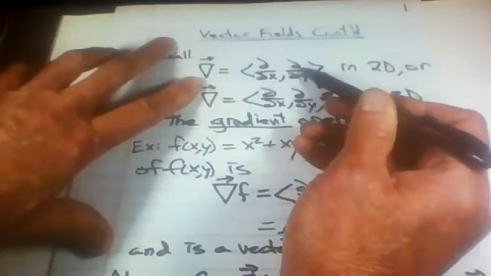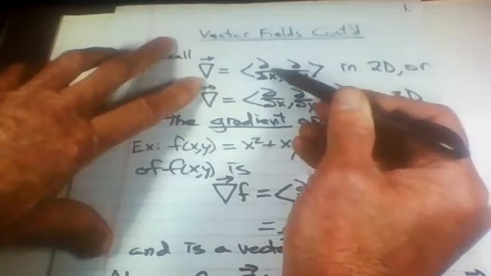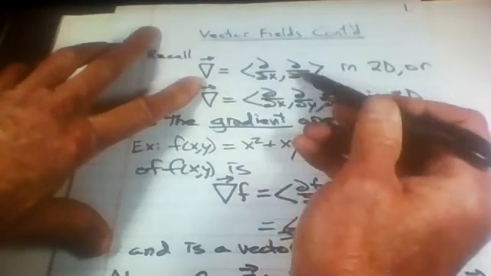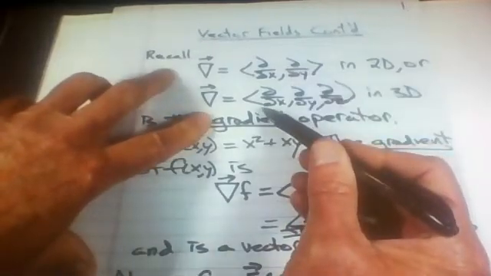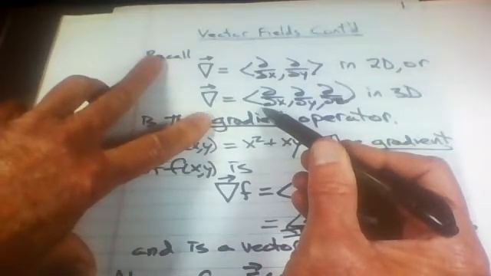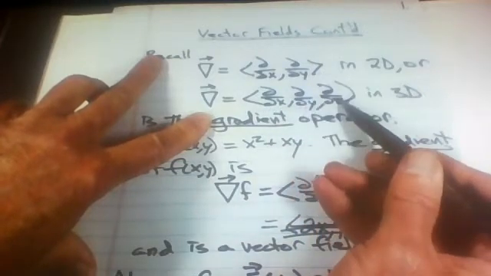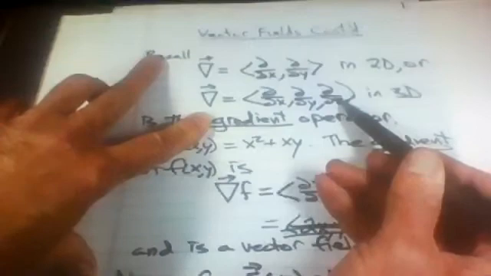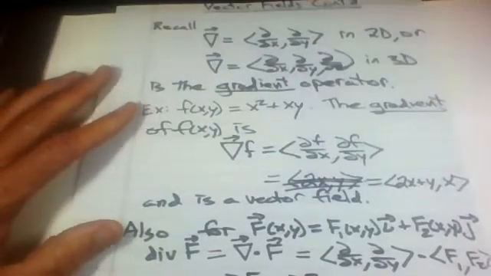If you apply this to the function f, you get the gradient, so we call this the gradient operator. In 3 dimensions, similarly, if we have a function of 3 variables, we can take df dx, df dy, df dz, and call that the gradient of a function of 3 variables. The operator that operates on that we'll call the del operator, the gradient operator, in 3 dimensions.